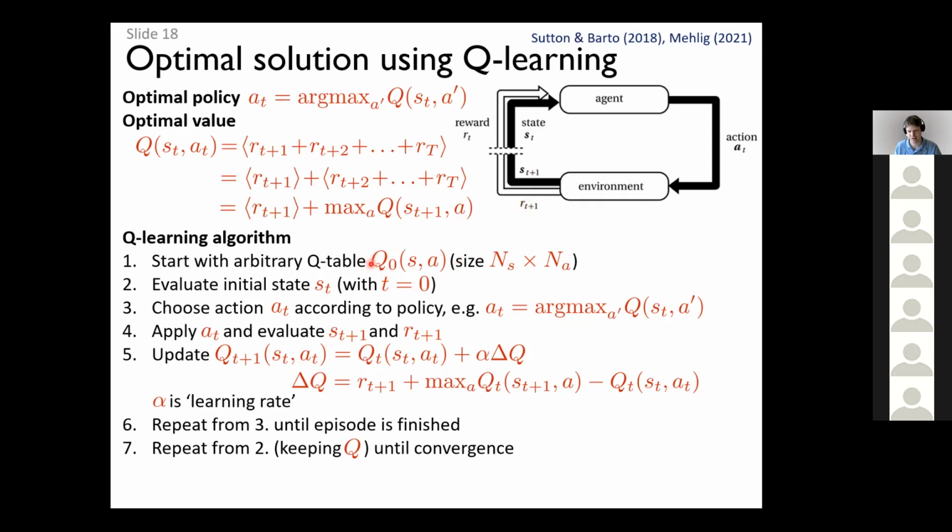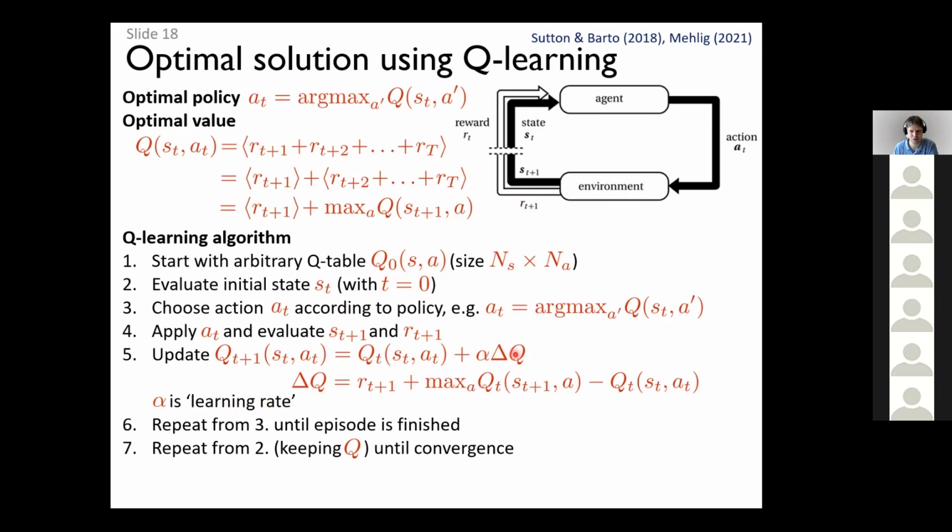Initially, it is just blind, so we don't have any strategy. But then we update the Q table using the reward we have learned. At the next time step, we use the old Q table plus alpha, which is some learning rate. You can assume it's 0.2 because that's what you will use in the home problem, times a delta Q.